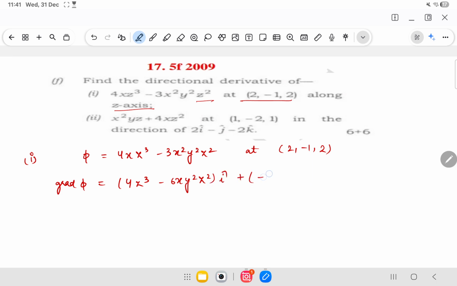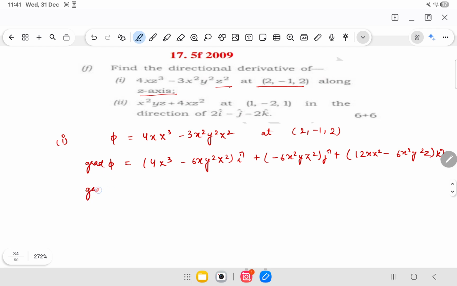(4z cube minus 6x y square z square) I cap plus 6x square y z square j cap plus (12x z square minus 6x square y square z) k cap.